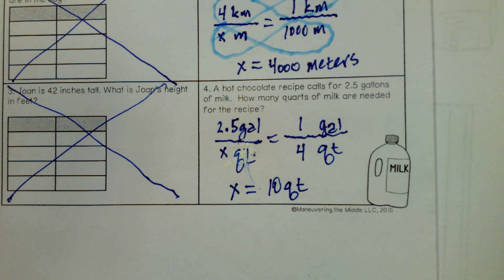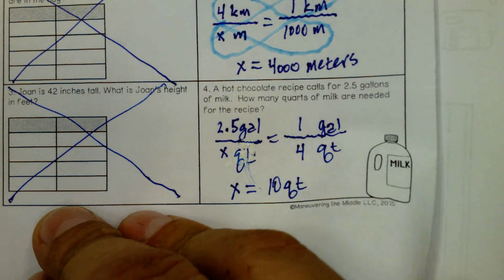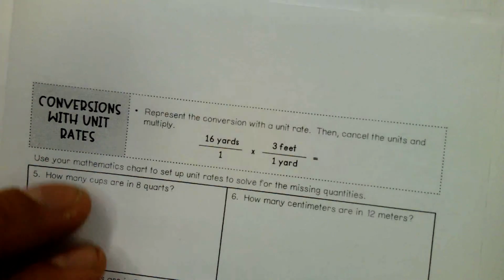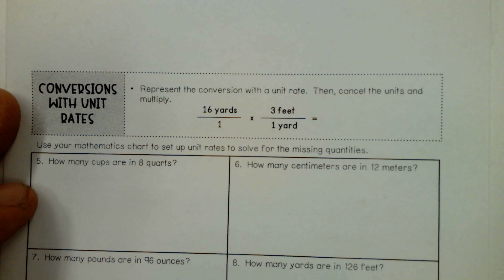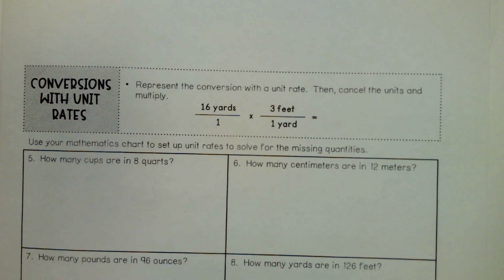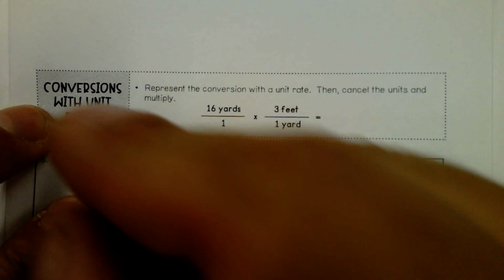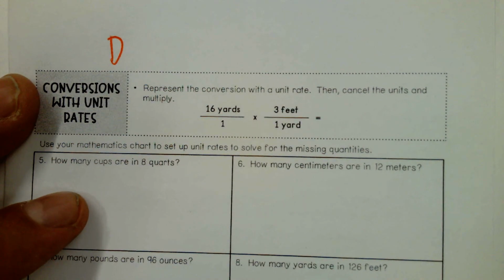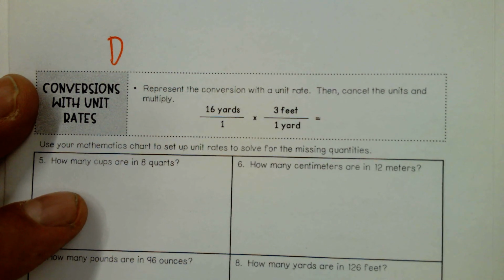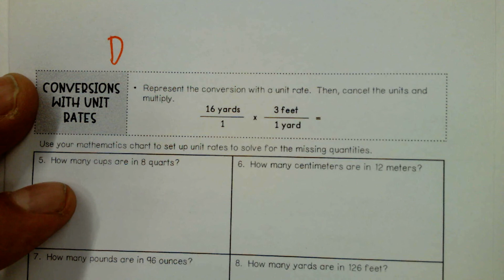That's all good and well, but the method we're going to really focus on is what's on the next slide. They call this conversions with unit rates. A more appropriate name is dimensional analysis, especially since we're going to start off with easier ones today, where we just do one dimension.